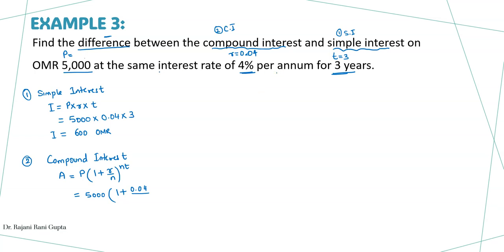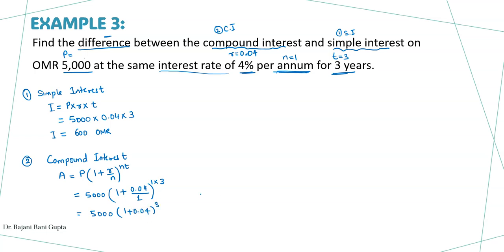They said interest rate of 4% per annum. Again, once in a year. So N is 1. So to the power 1 times 3. So see, it's necessary to read each and every word of the question. You have the information over here.